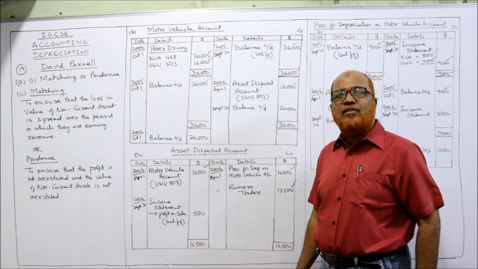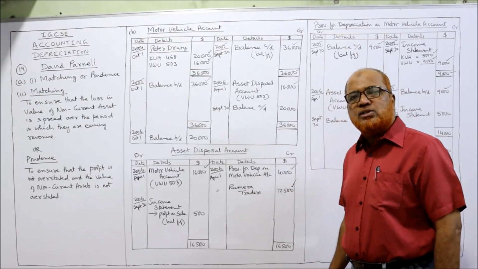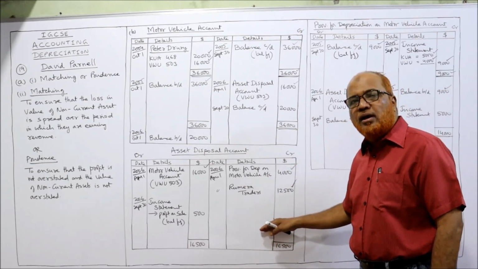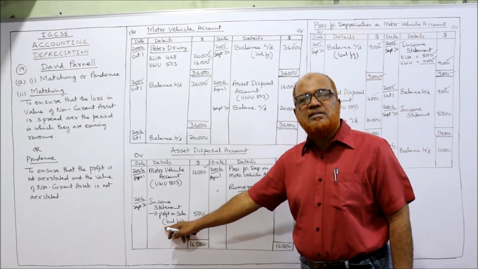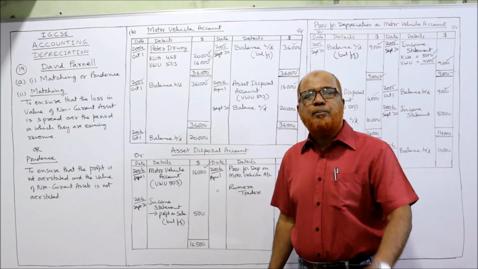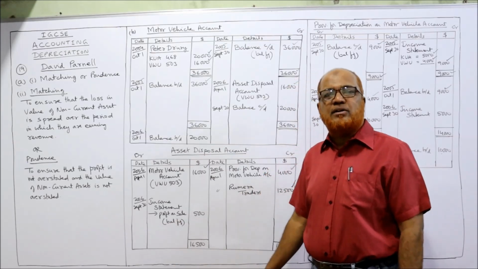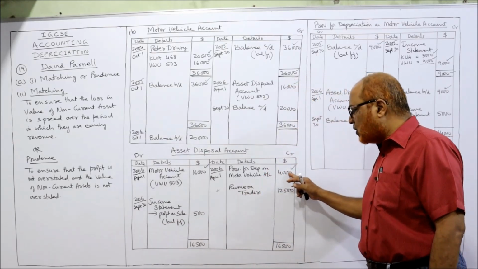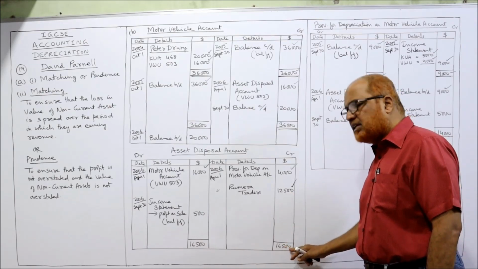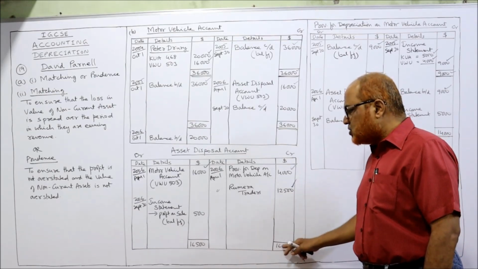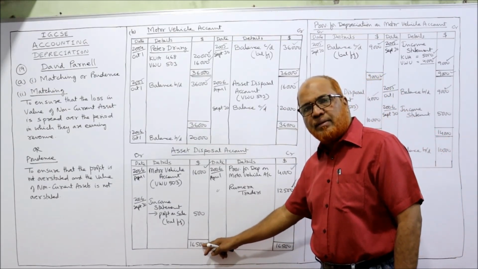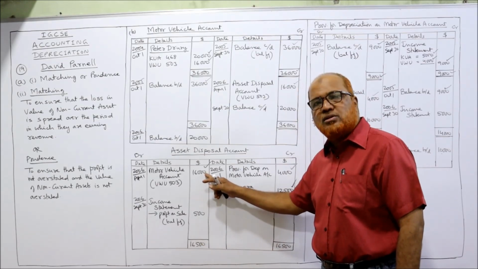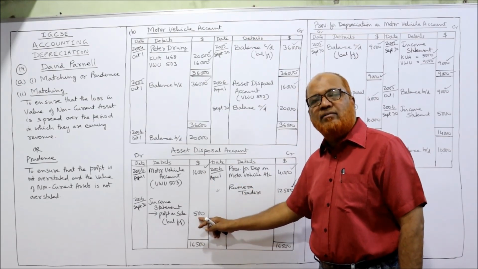Now take the balance. The balance is the profit or loss. If the credit side is more, the balancing figure you will get on the debit side is the profit, and the profit should be transferred to income statement. So the credit side is 4,000 plus 12,500, 16,500. Take the same 16,500 on the debit side. From 16,500 deduct 16,000. How much is the balance? 500.